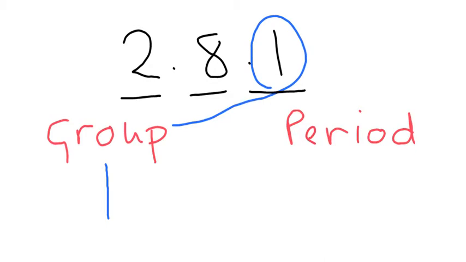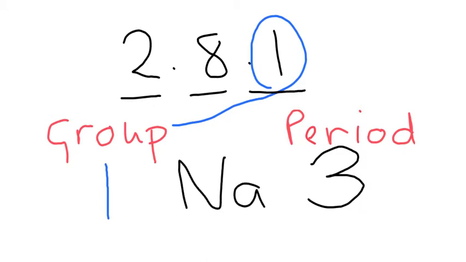If there are 3 shells, it would be found in period 3. If you have a look on your periodic table, what you'll find is the element that is in group 1, the element that is in period 3 is in fact sodium. So this particular configuration is the electronic configuration for sodium, the element.